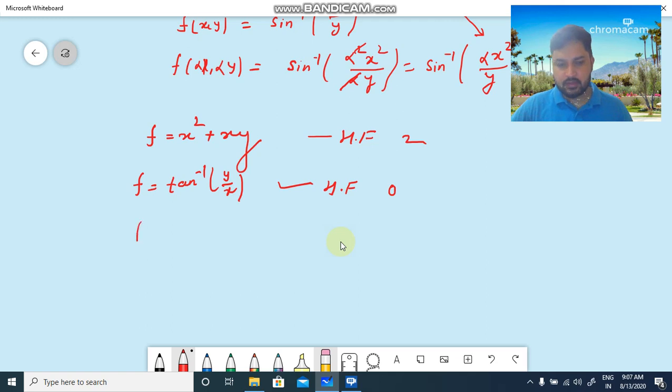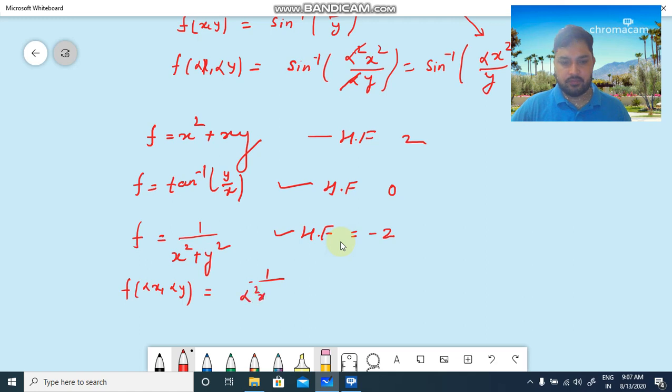The next function is f equal to 1 upon x square plus y square. This is again a homogeneous function, but here the degree is -2, because if we put αx, αy in place of x, y, we get α square x square plus α square y square.